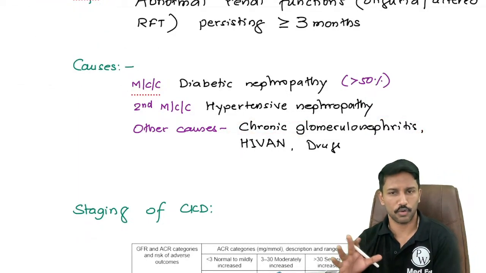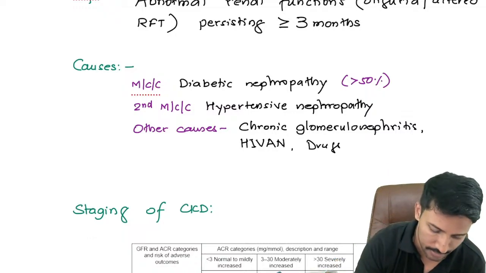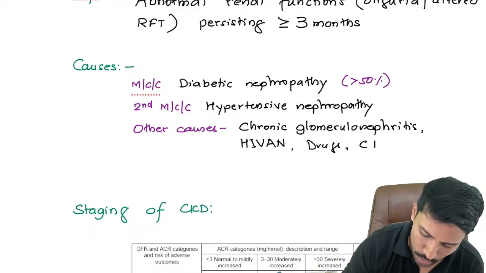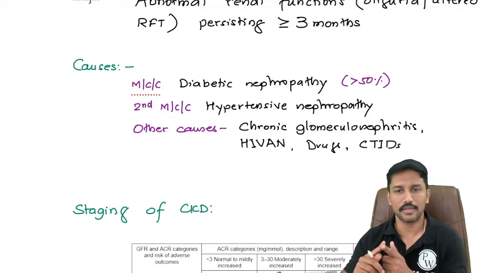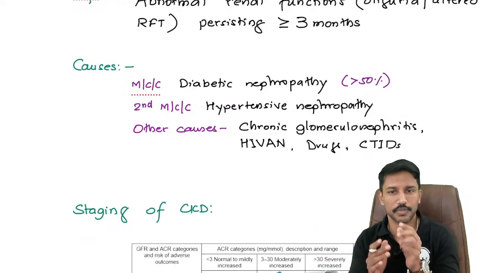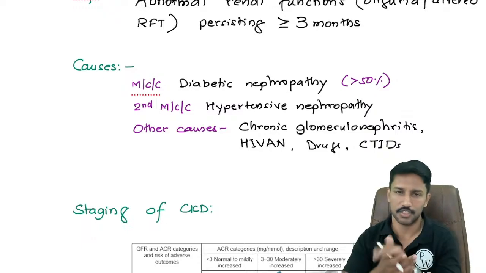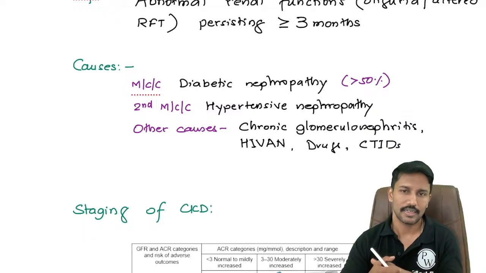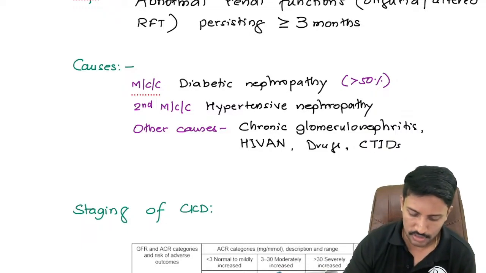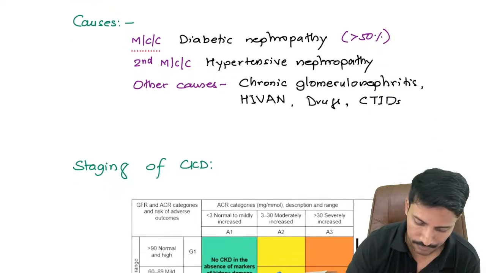So chronic glomerulonephritis, HIVAN, drugs, and then chronic tubulointerstitial diseases, CTIDs, which refers to long-standing diseases affecting the tubules and the interstitium, right? So these are the common causes for chronic kidney disease.